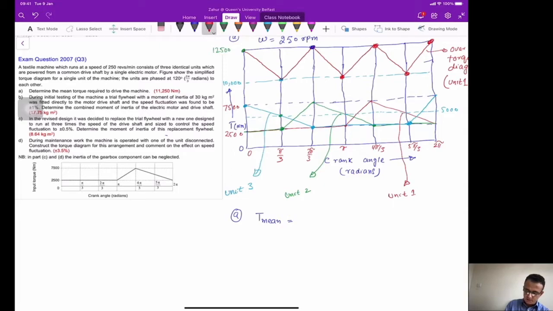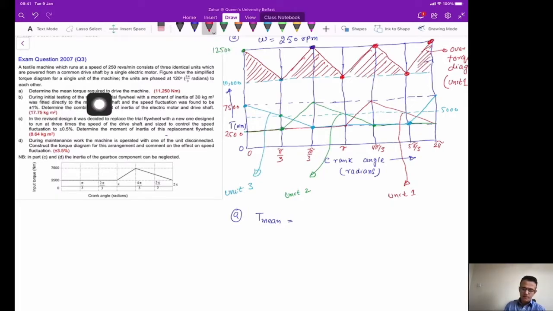So you can calculate these areas, and the equation for T mean is that you calculate the net area, and then you divide it by the base length.